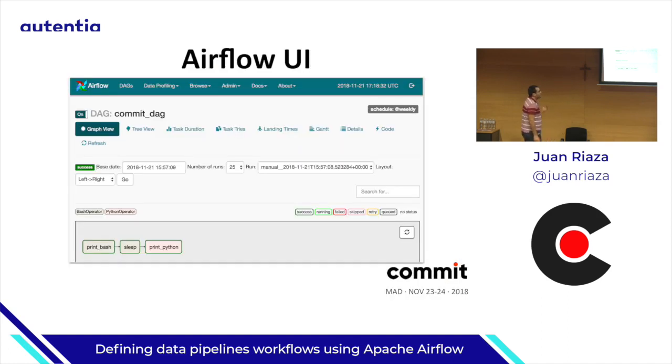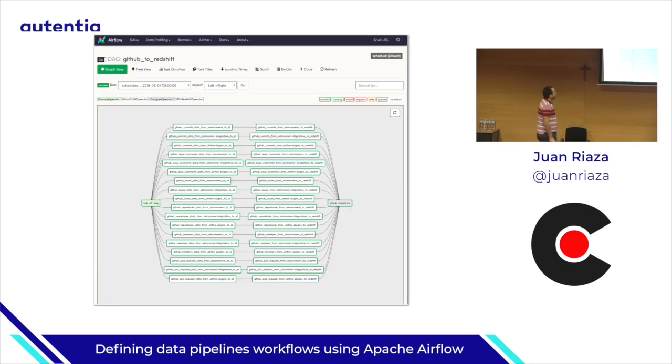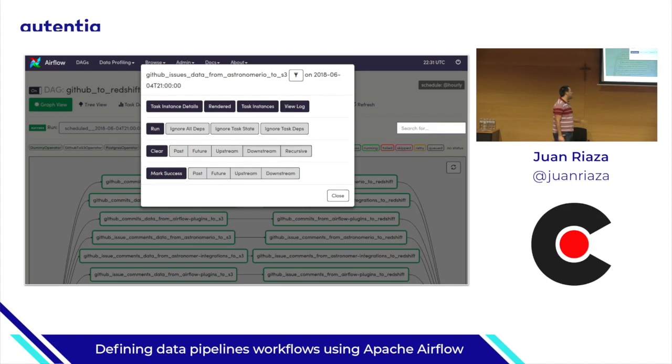Then we can go in depth to check the status and how each DAG looks. We have a graph view. In this case, it's the same: print_bash, sleep, print_python. But it could be more complex. And a really cool thing is that we could just click on any box, any task actually.